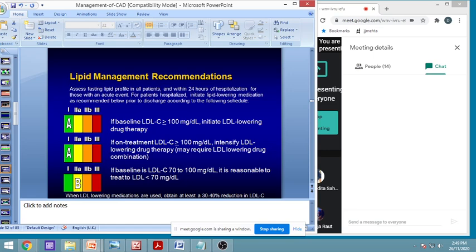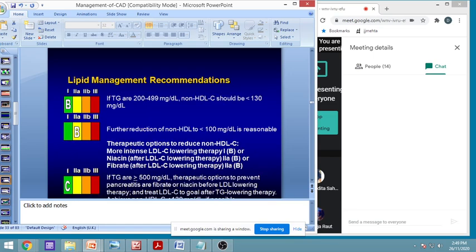There are various treatments, and accordingly the LDL has to be reduced. Same is the case with triglycerides. We should try to reduce triglycerides, set the goal and make efforts to reduce cholesterol in various ways, with various drugs, single or multiple, which can be added.